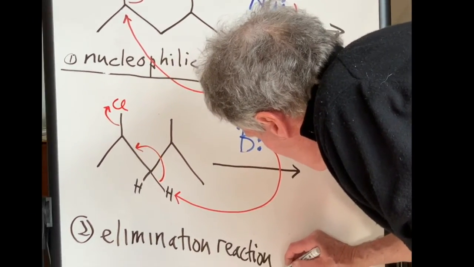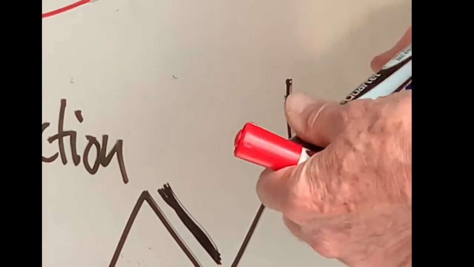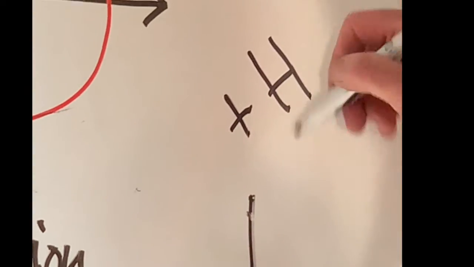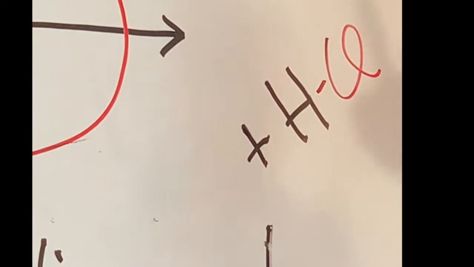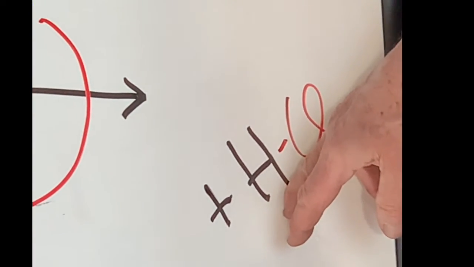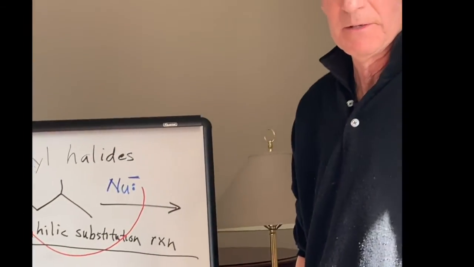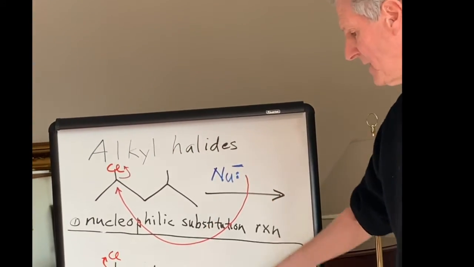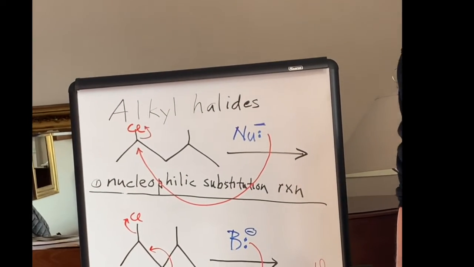And now there's a double bond between carbons 2 and 3, and a small molecule that has left is this, H, in this case, Cl. It's called an elimination reaction because a small inorganic molecule is eliminated from the organic compound. And the organic compound is converted from an alkane to an alkene, an organic compound with a carbon-carbon double bond.